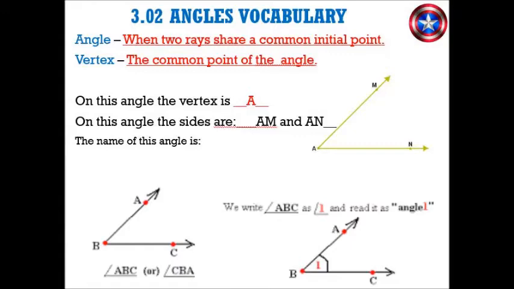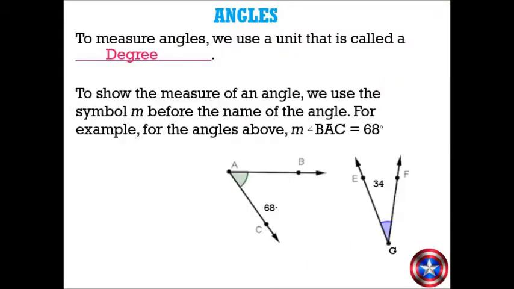The name of the angle is, we write angle ABC as angle 1, or CBA. To measure angles, we use a unit that is called a degree. To show the measure of an angle, we use the symbol lowercase m before the name of the angle. For example, for the angles above, m of angle BAC equals 68.